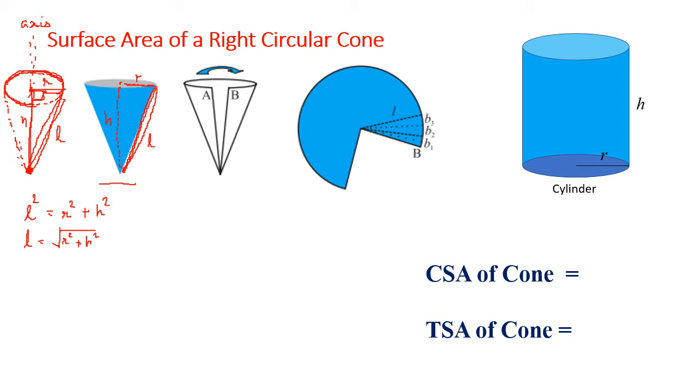So if you take the square of the height, square of the radius, add them both and take the square root, you get the L. What is L? I'll write here, L is called the slant height. h is called the height, L is called the slant height.